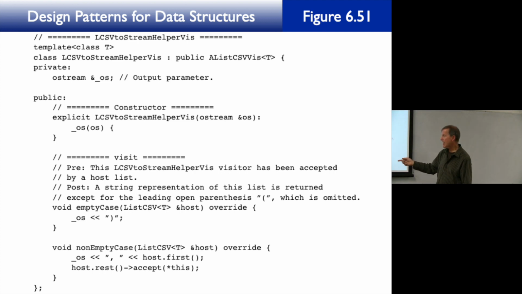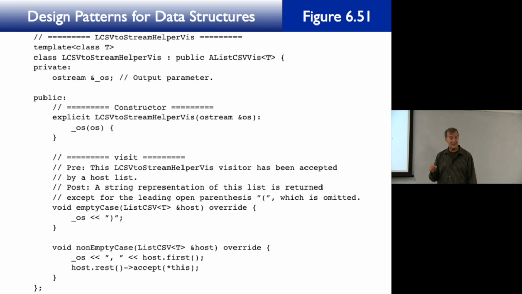And now, here's another thing. What are we in? We are in a helper visitor, right? So tell me, what is this? It's always in general a pointer to what? To the current object. So this is a pointer to a helper visitor, which means star this is a what?